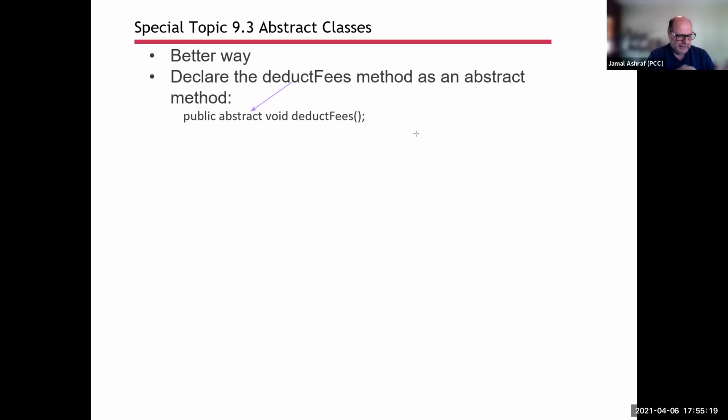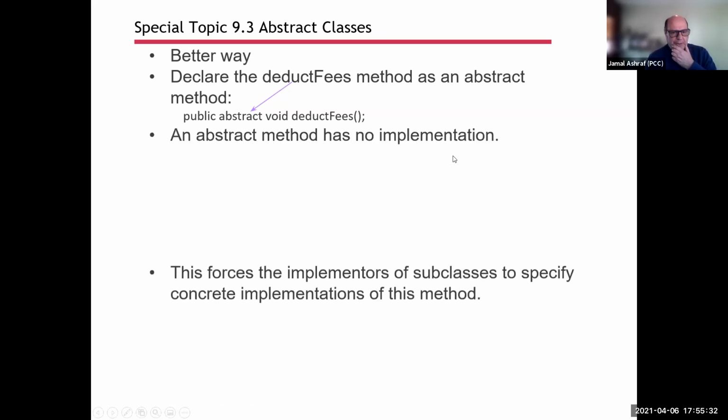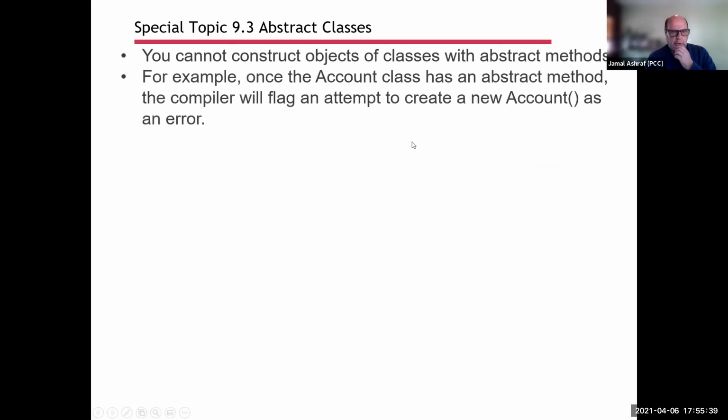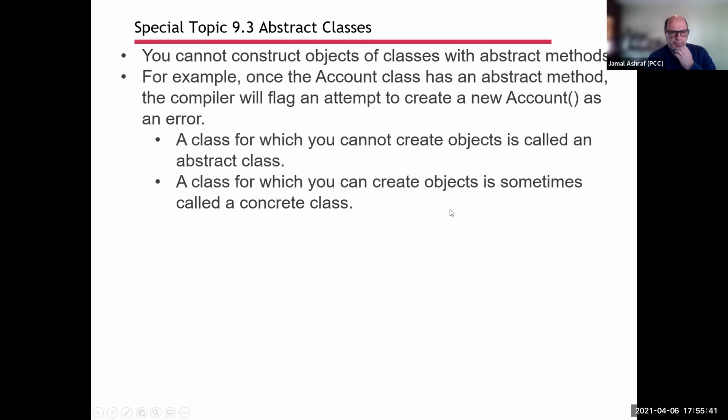So you have seen this with some basic GUI that we did before. Now, when we have that and you are writing your code, you are forced to override that method in the subclass.